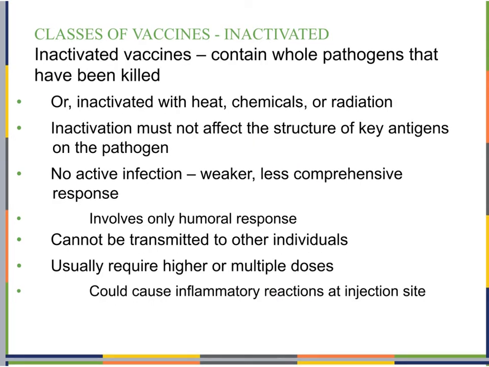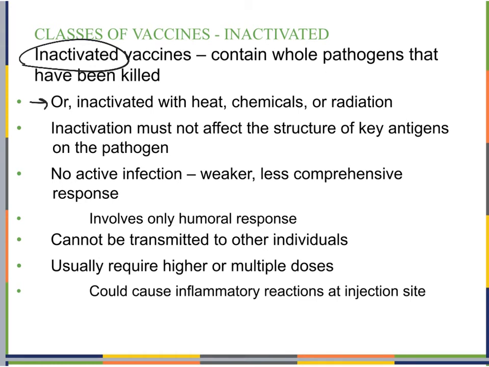The next class of vaccines that we are going to talk about are inactivated vaccines. Inactivated vaccines are those that contain whole pathogens that have been killed. In this case, we're not taking out the virulence factors and keeping in the antigen pieces. What we're doing is we're taking the full-on pathogen that is active, has all of its virulence factors, but then we kill that pathogen.